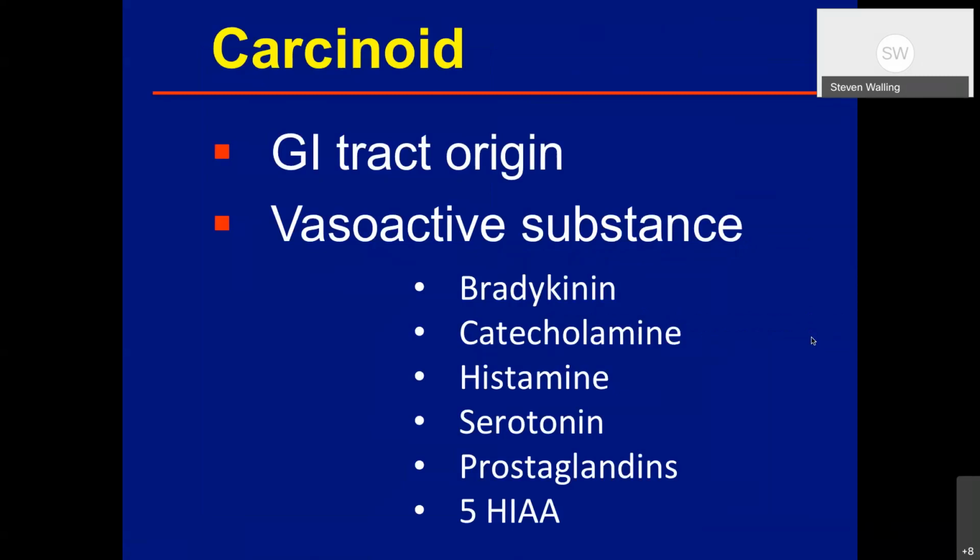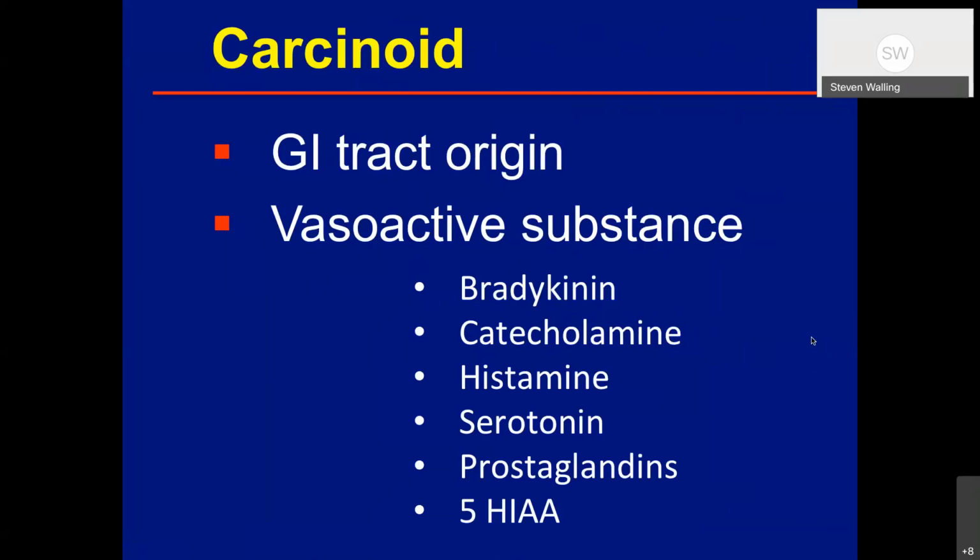The other disease that is kind of unique in this talk, especially for the RV, is carcinoid. As we know, carcinoid arises from the GI tract and is a neuroendocrine tumor that produces a number of vasoactive substances, including bradykinin, histamine, prostaglandin, all these.